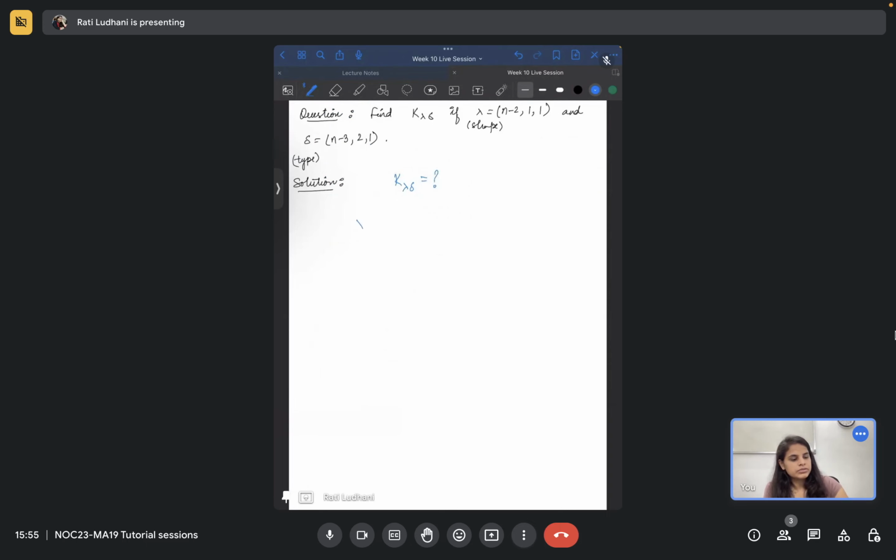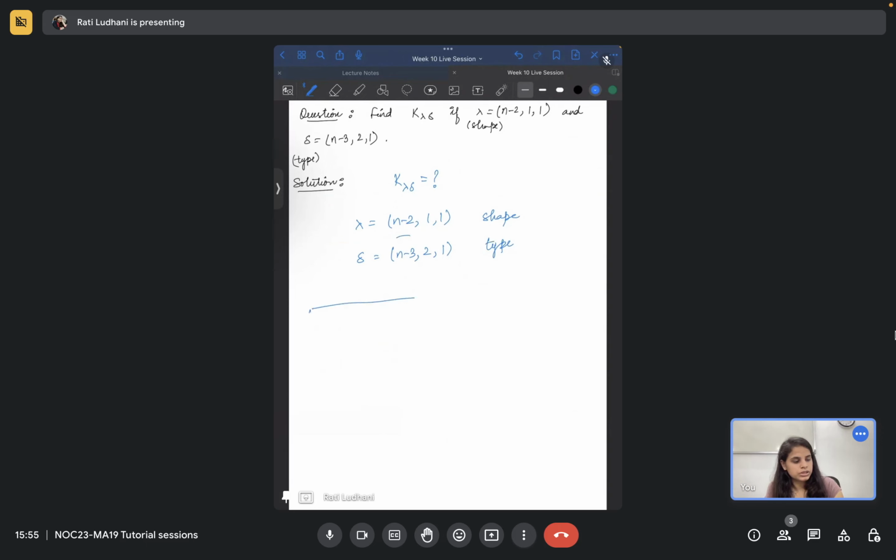Now lambda is given to be n minus 2, 1, 1. So this is your shape, and now delta is n minus 3, 2, 1. This is your type. Now the shape says you consider the blocks accordingly. So n minus 2 in the first row.